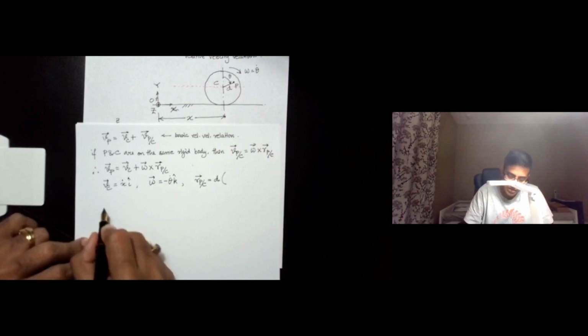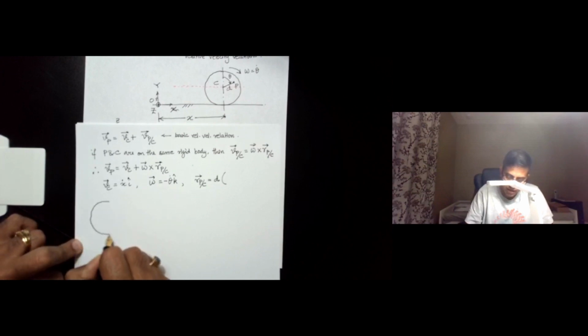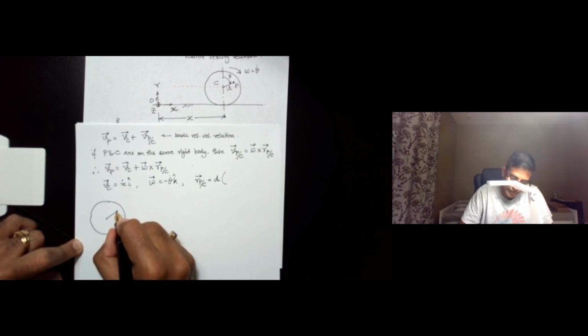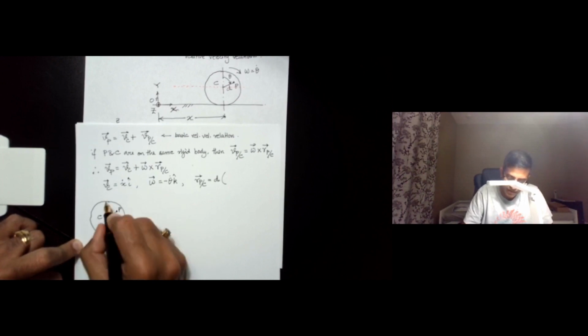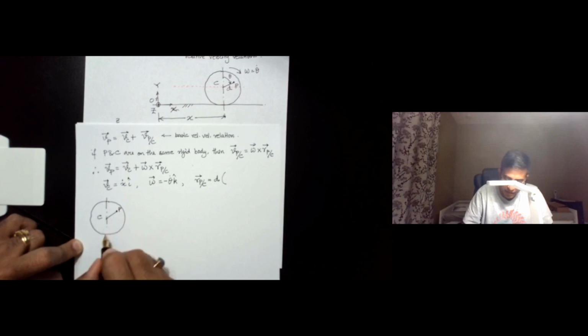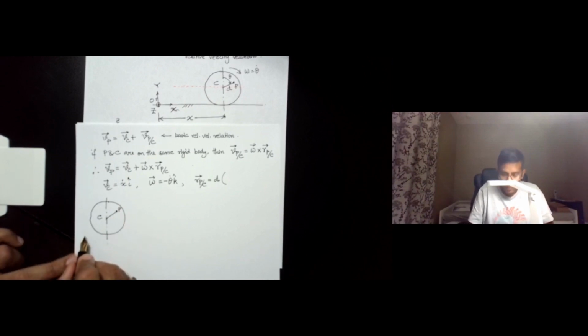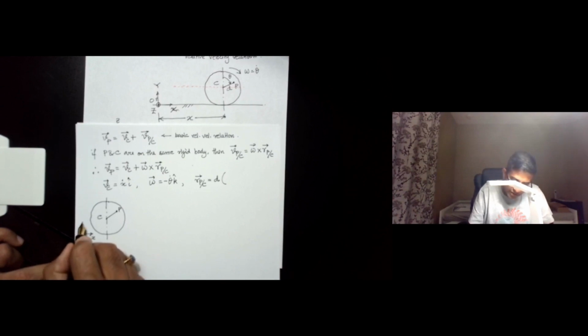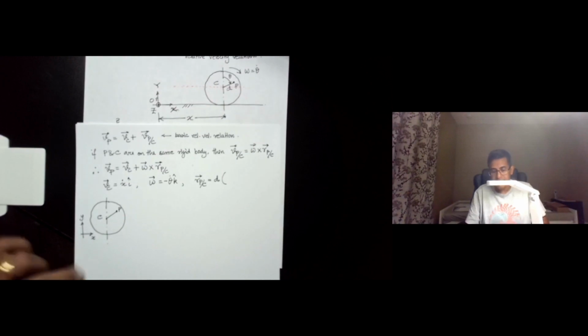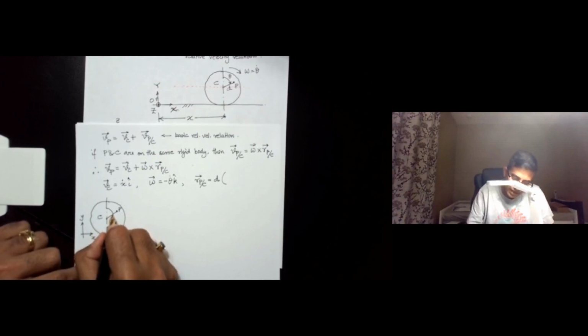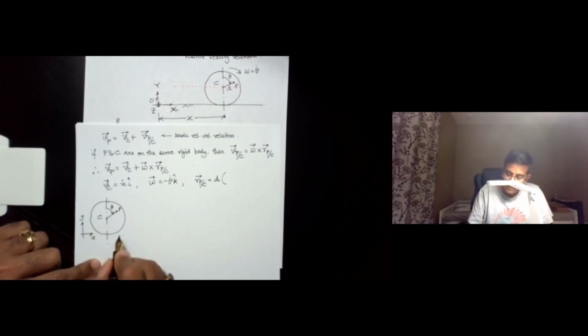If I sketch it here, P is here, C is here, and this is my vertical through the center. Just for reference, this is my x-axis, the horizontal direction, and this is my y-axis, the vertical direction. This is theta, and we are interested in the vector going from C to P.